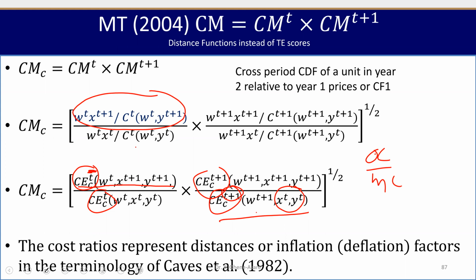Each ratio is looking at the inflation factors that we are considering, because remember, we are examining distances, and these distances are rising or falling. Caves defined these things using the terms inflation and deflation factors. But you need to know this. This is the main cost Malmquist. You need to know this.